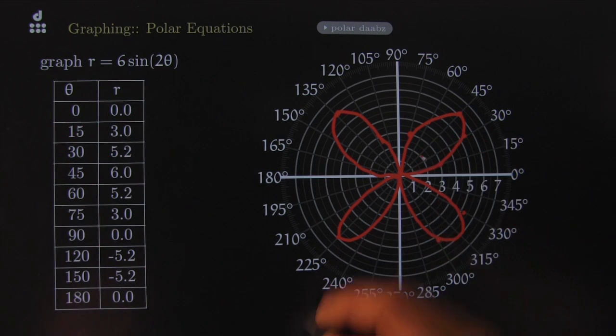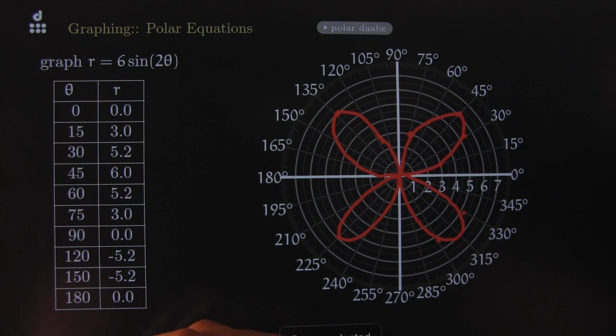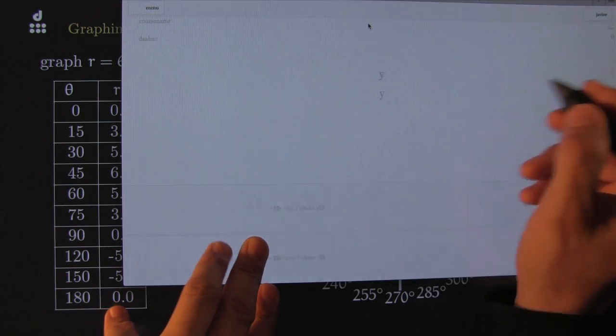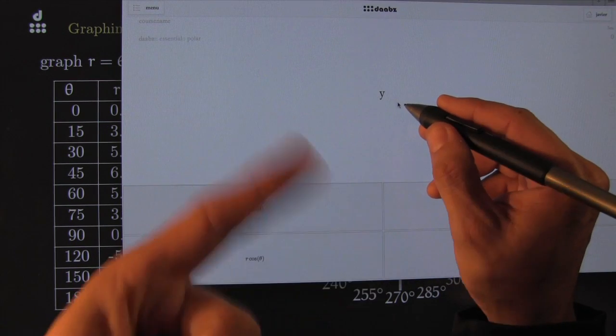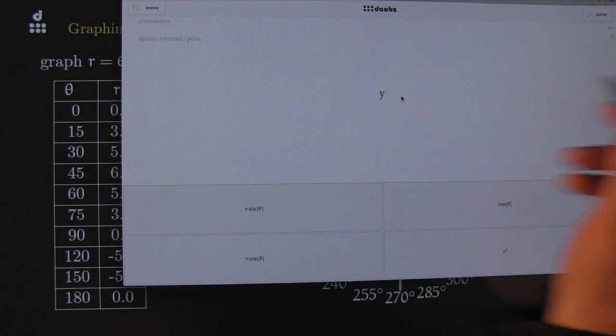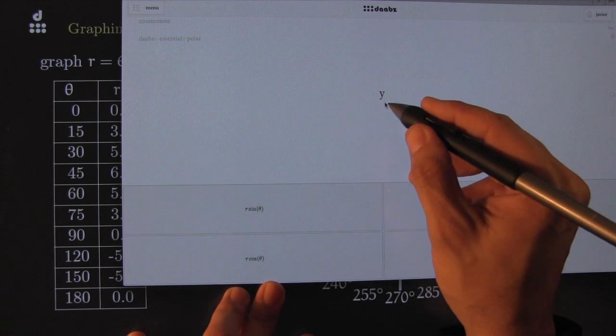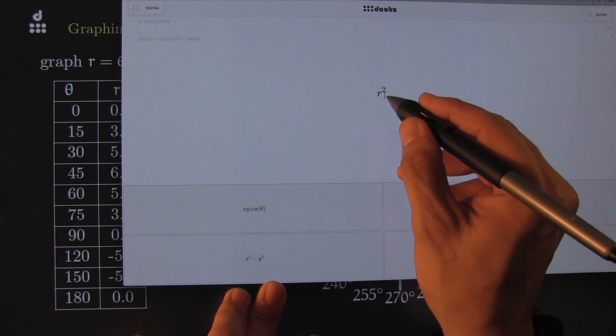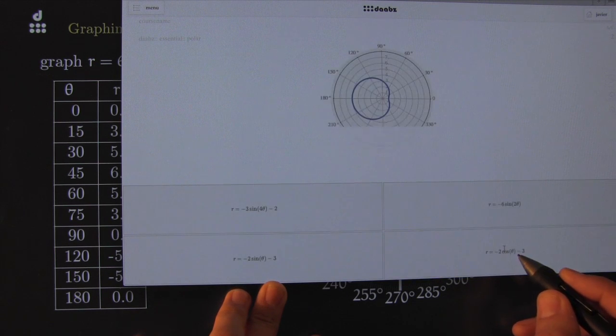The other thing I recommend that you do is some flashcards for the basic ideas. I've posted a link here. You click on it and it takes you to a bunch of flashcards that have you practice the definitions and the famous graphs. You see here you're required to practice what is y. y we said was r times sine theta. r squared was equal to x squared plus y squared.